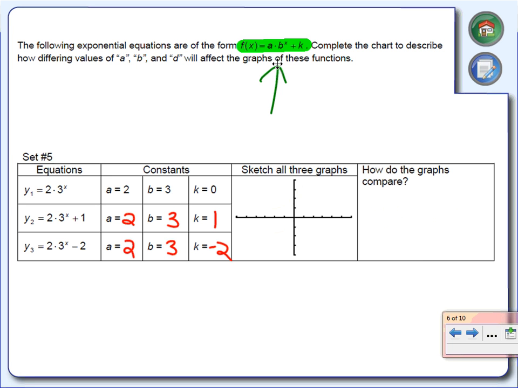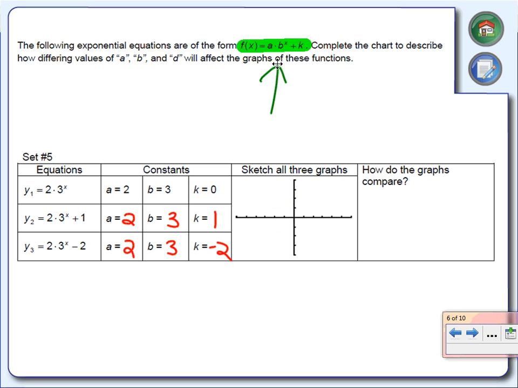Let's go to y equals, and in y1 we'll type in 2 times 3 to the x power. In y2 we'll type in 2 times 3 to the x power plus 1. Now just a little warning here, guys, make sure when you're typing in that plus 1, make sure that it's not part of your exponent. So you may have to hit your right arrow key over once so that the plus 1 is not part of your exponent.